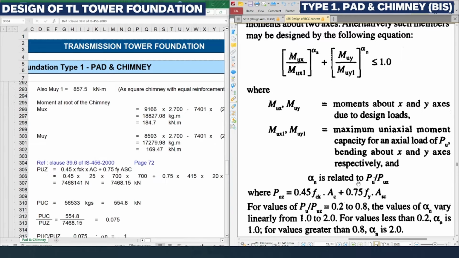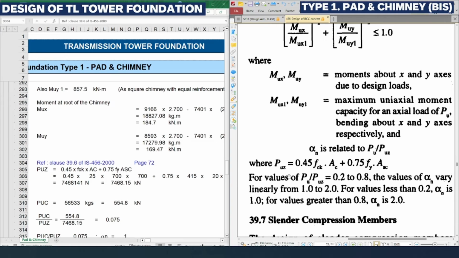Alpha n is related to Pu divided by Puz, whereas the Puz formula is given here as 0.45 fck, the characteristic strength of concrete, into Ac, the gross area of concrete in the chimney, plus 0.75 fy, the steel yield strength 415 megapascal, into Asc, the area of steel in compression.